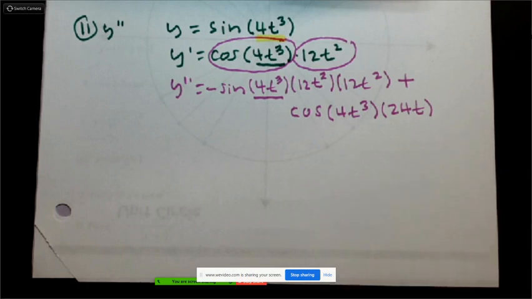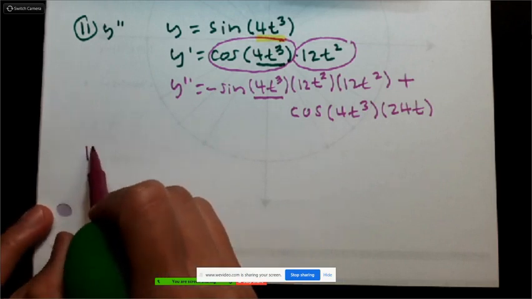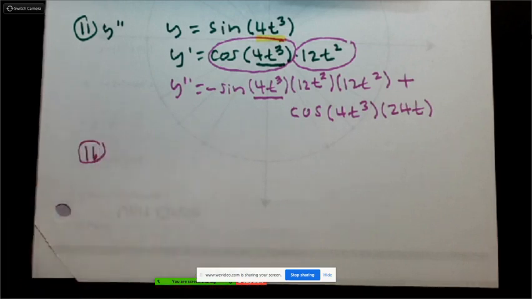For the 14, the sine of 4t cubed becomes a chain rule, so then you derive the 4t cubed. Wait, how do you know the sine? Cosine 4t cubed is a chain rule if it doesn't have like one power?